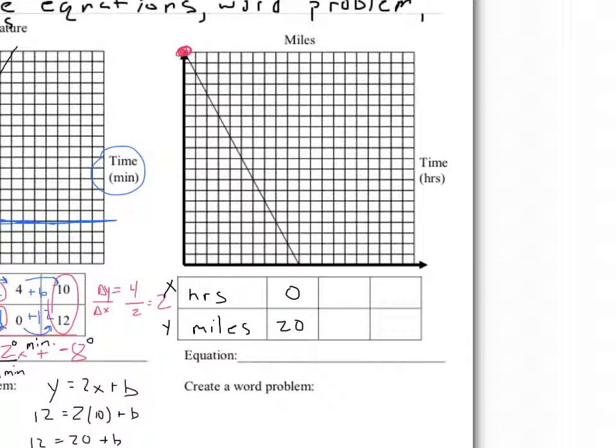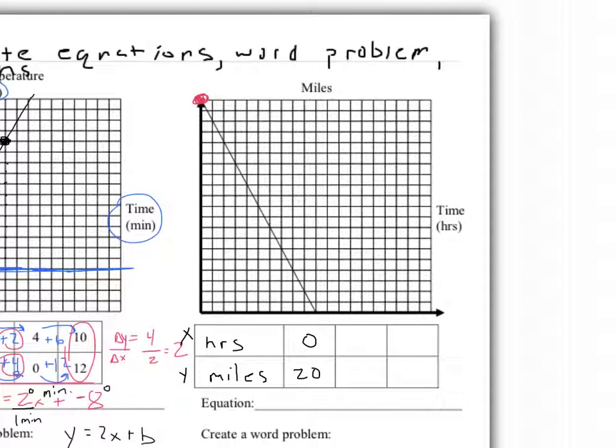I can find another point. As I come down, it looks like there's definitely one right there. This is going to make it really easy. At 1 hour, I've decreased 2, so I'm down to 18 miles.